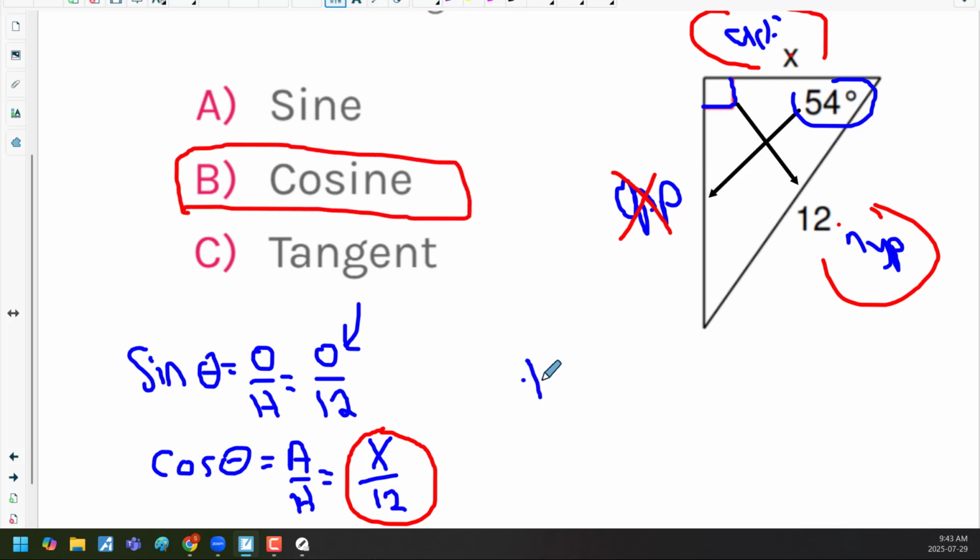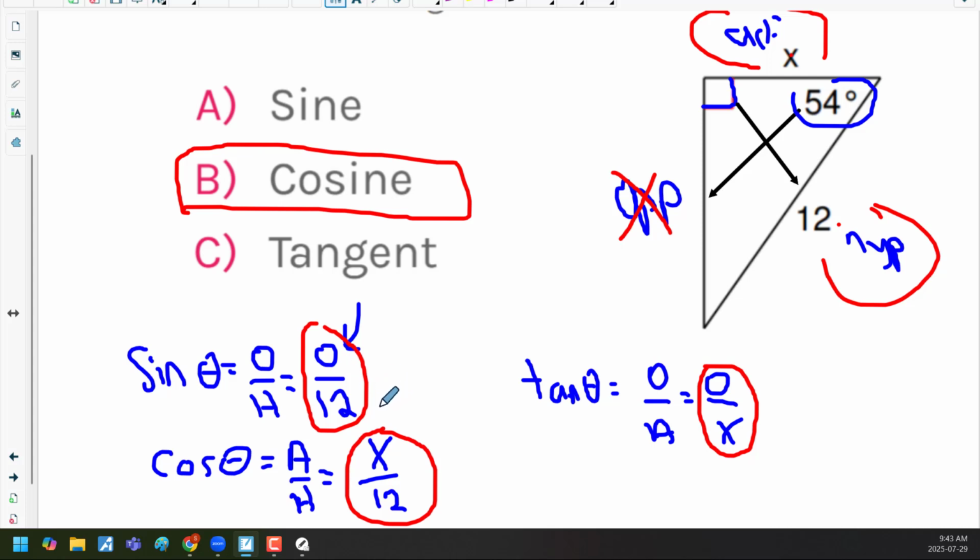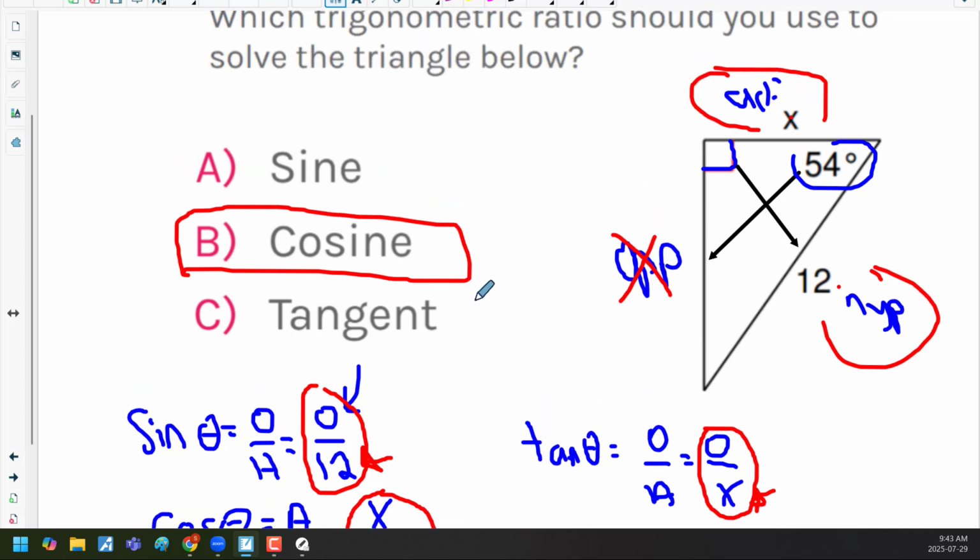And if I were to do tan, just so you can see, tan is going to be opposite over adjacent, which is opposite over x. So each one of these fractions has one of the things that we want. This fraction has the 12, this fraction has the x, but it's not complete. Only cosine formula has both the x and the 12. So the answer is cosine. Hopefully you can see that.